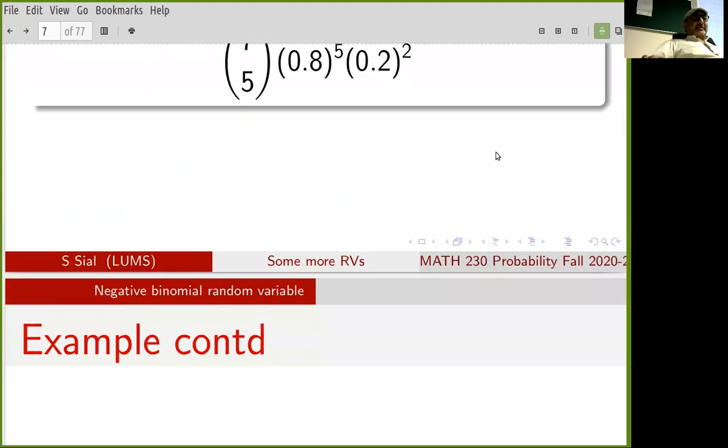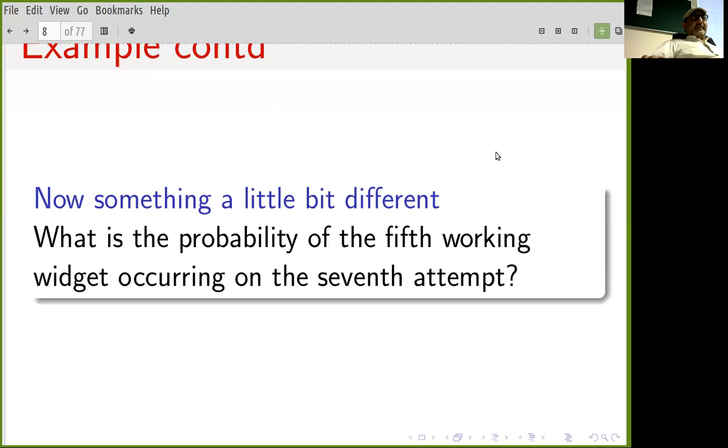Now let's change the question a little bit. What's the probability of the 5th working widget occurring on the 7th attempt? That's a little bit different. That means that on the 7th attempt, you definitely have a success.